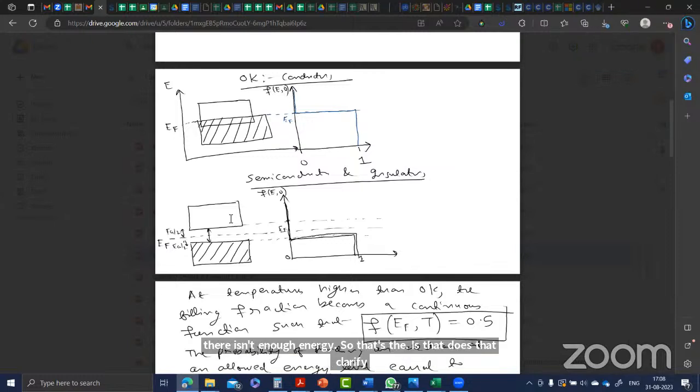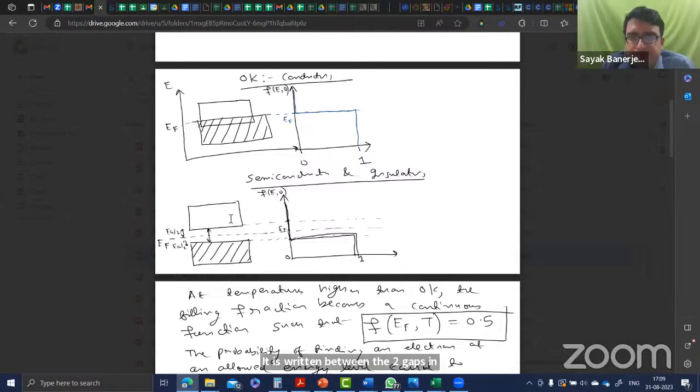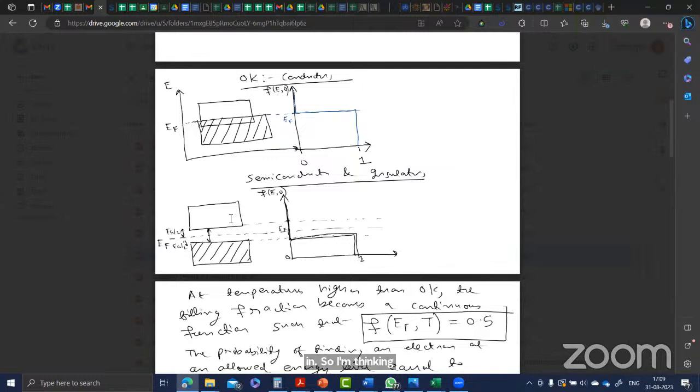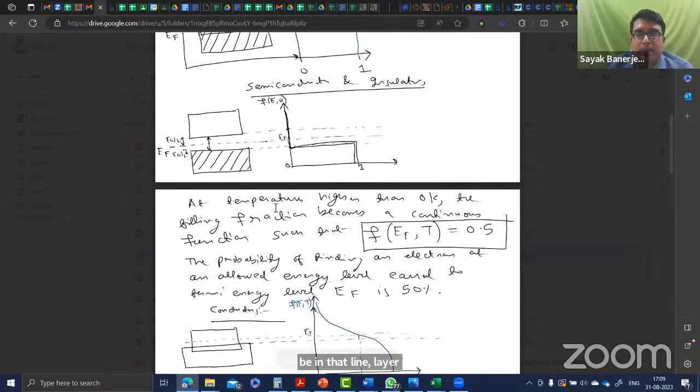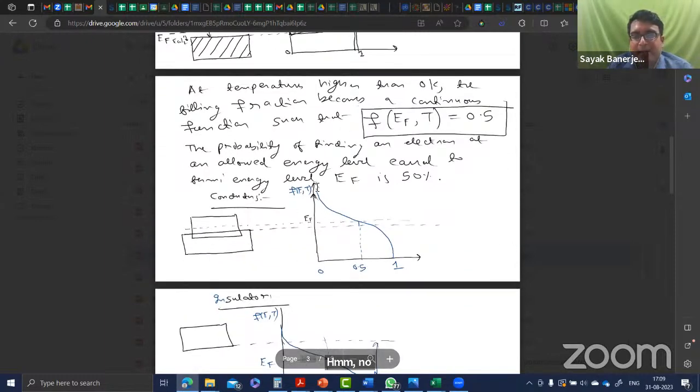Yes, sir. I have a doubt with the Fermi level line. It is written between the two gaps, in the middle. I'm thinking that the straight horizontal line should be in that layer. No, in between. And what happens is when the temperature rises, it becomes a continuous curve.